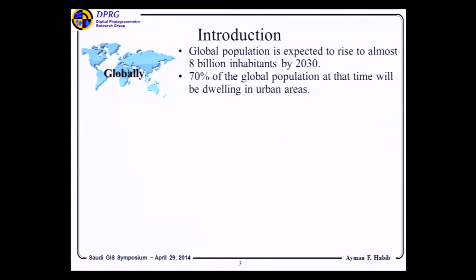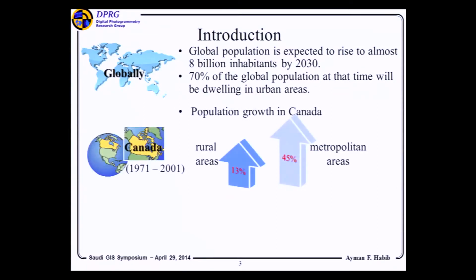So why we are interested in digital building models? The UN usually every year tries to see the distribution of the population around the world. And by 2030, it is estimated that 70% of the population will be living in urban areas.